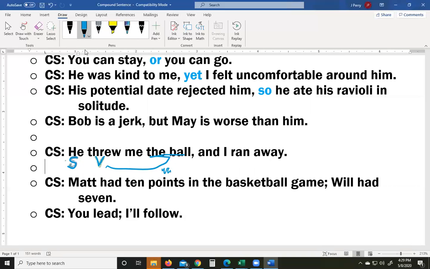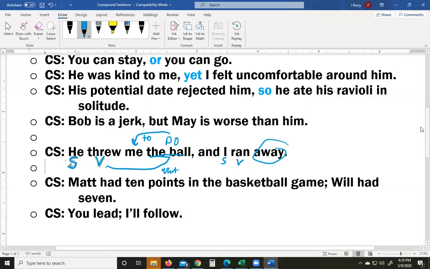So that tells us what? And that's our direct object. And to or for whom? He threw it to me. So there's simple sentence number 4, and then we've got simple sentence number 1 because we've got subject and verb. I ran away. Away is an adverbial noun. It's just telling us where I ran, which was away. So you can mix these up any way you like.